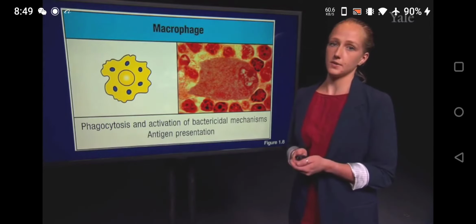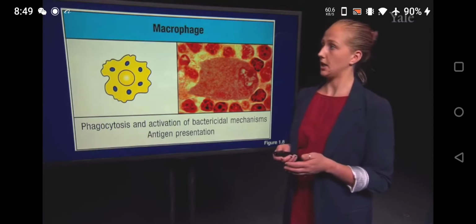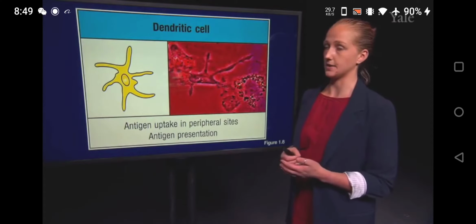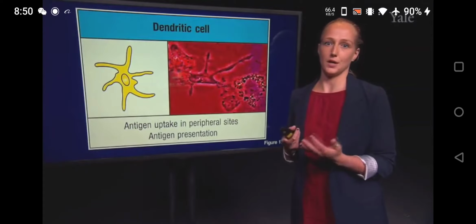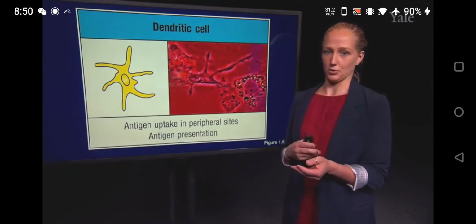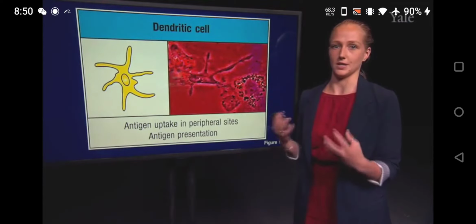The other cell type that's really important, that's also a phagocyte, is called a dendritic cell. So dendritic cells are also phagocytes. However, they're very visually distinct from macrophages, as you can see, because they have these very long, elaborate processes that are very similar to the dendrites of nerve cells. So immature dendritic cells migrate through the bloodstream from the bone marrow to enter various tissues.